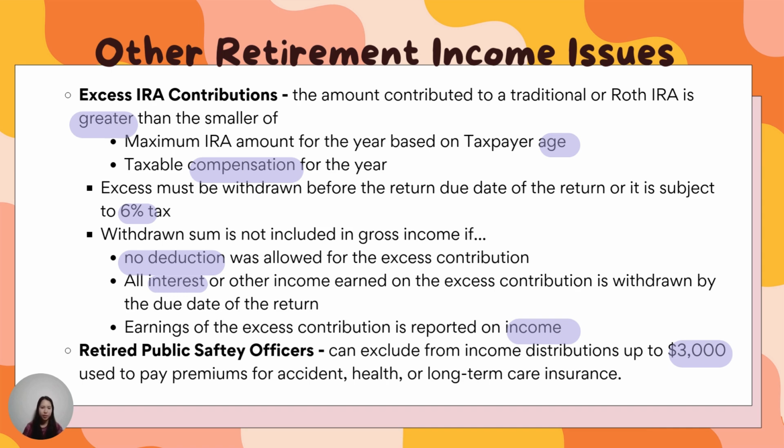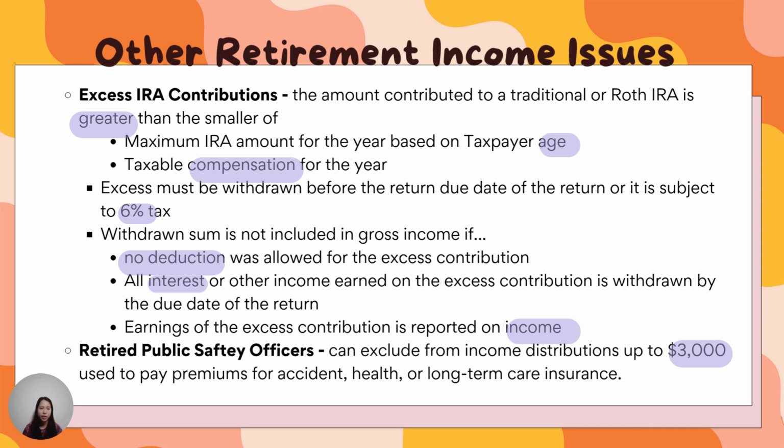An excess IRA contribution is when the amount contributed to a traditional or Roth IRA is greater than the smaller of the maximum IRA amount for the year based on the taxpayer's age or the taxable compensation for the year. This excess contribution must be withdrawn before the due date of the return, or it's subject to an additional 6% tax.